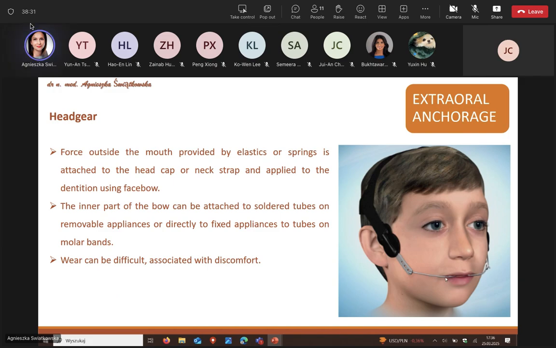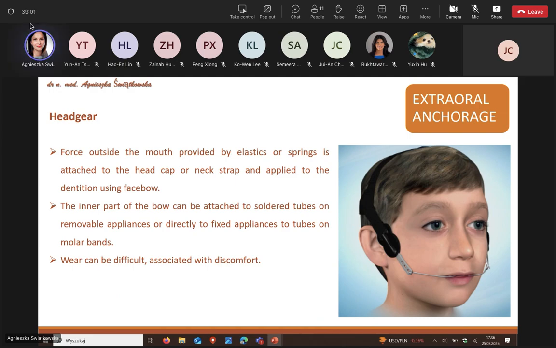This is the extraoral part. The patient also has an intraoral part. I showed you this appliance 2 weeks ago during lectures. And we can use it for intrusion, for extrusion of upper molars, for distalization, and we can also use it for anchorage.